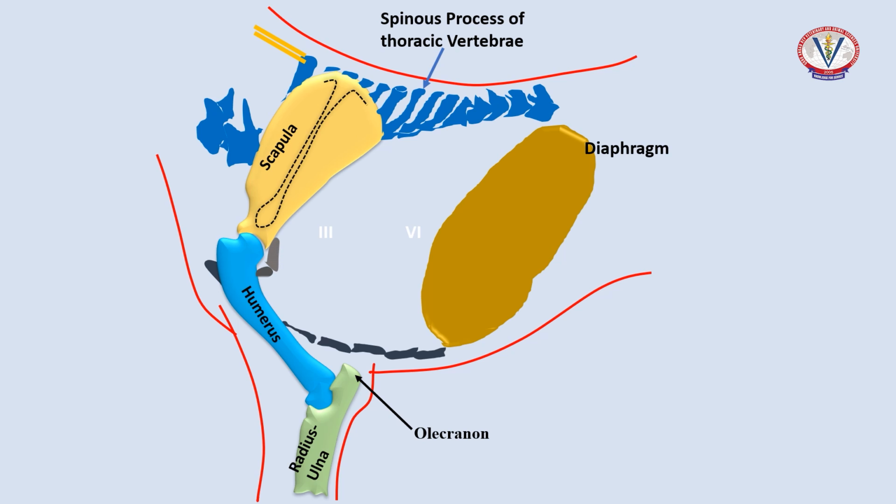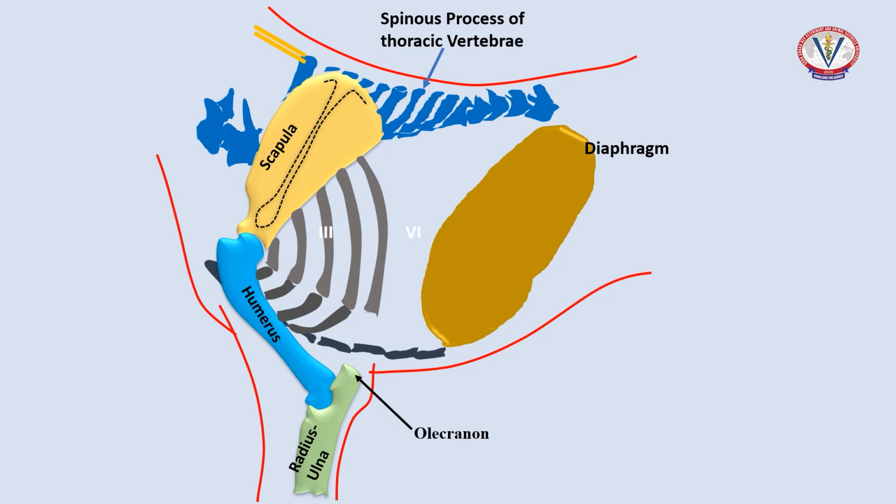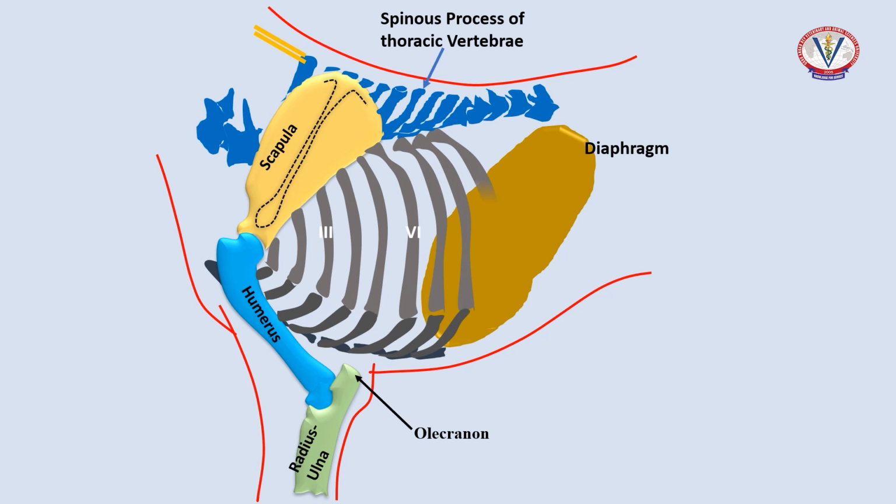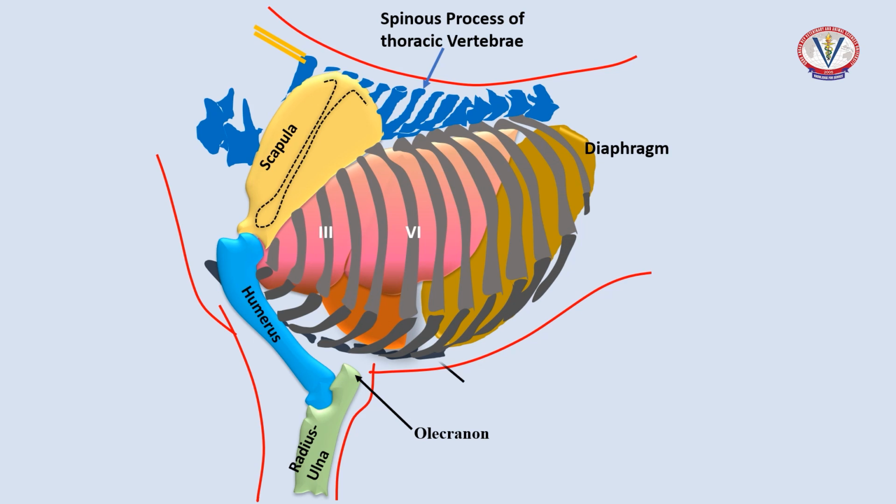Coming to the auscultation and percussion of the lungs, the techniques of auscultation and percussion of the thorax are used to determine the state of the lungs. The anatomical areas involved are the same, but the shape, size and landmarks differ in different species.